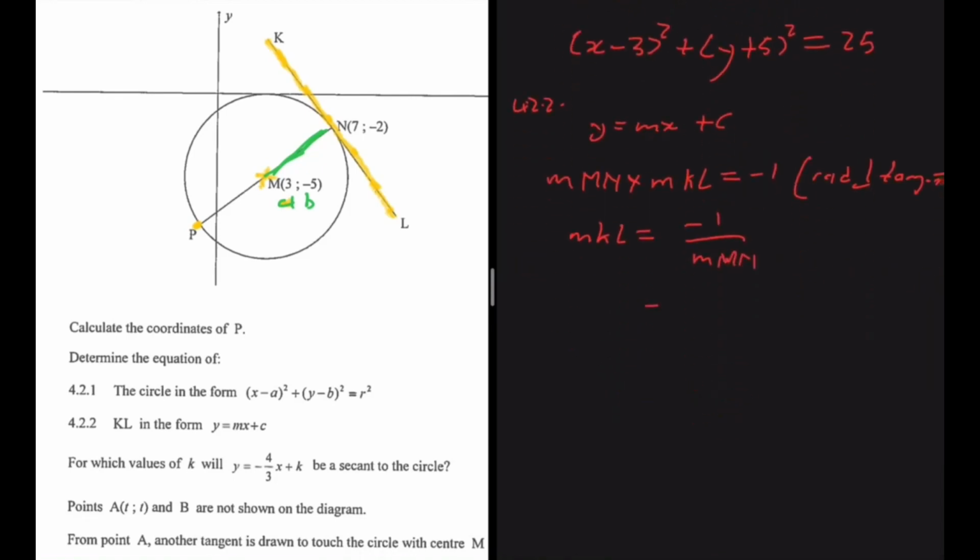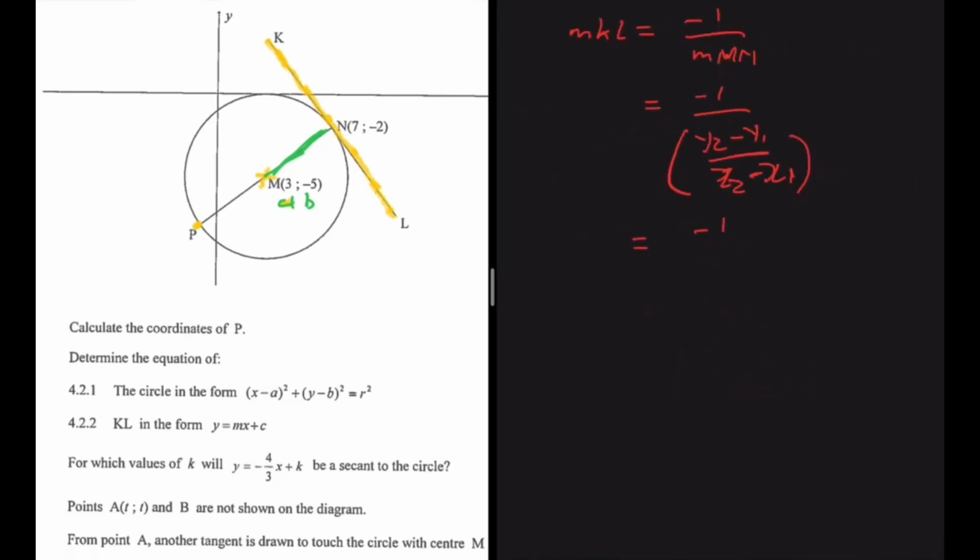So the gradient of KL will be equal to minus 1 divided by y2 minus y1 divided by x2 minus x1, right? Obviously you can do this separately. You calculate the gradient of MN separately, but I'm just going to put it all in at once and see what happens.